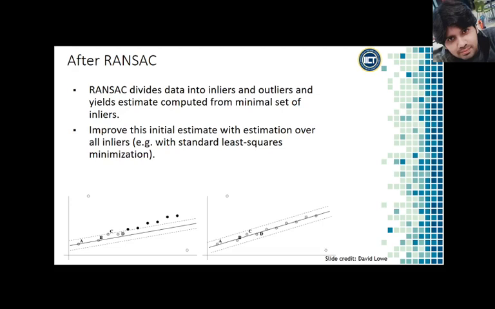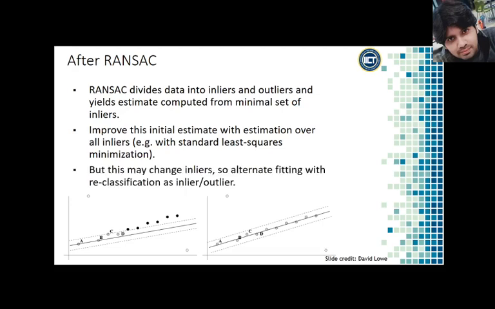So the underlying computation is still the same as linear regression. But if you are an IT student, don't worry, we will not discuss the details of linear regression in this lecture. This may change inliers, so we alternate fitting with reclassification as inlier or outlier.